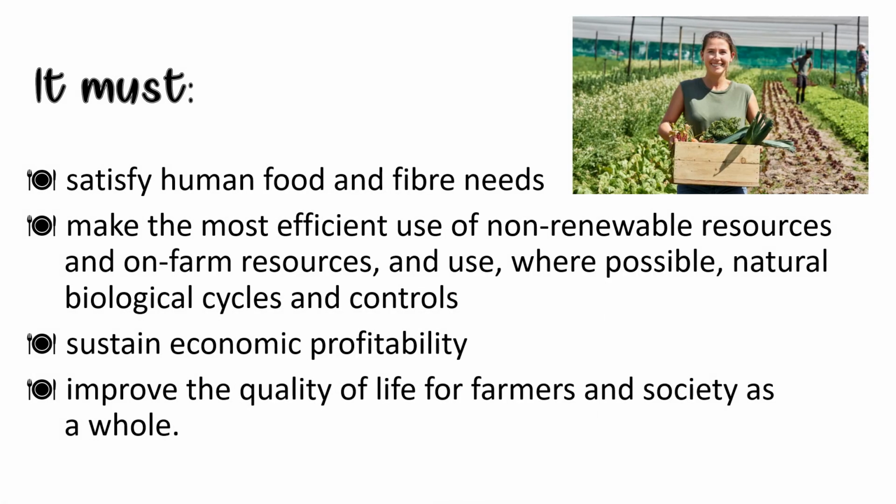It must satisfy human food and fiber needs, make the most efficient use of non-renewable resources and on-farm resources, and use, where possible, natural biological cycles and controls. Sustain economic profitability. Improve the quality of life for farmers and society as a whole.